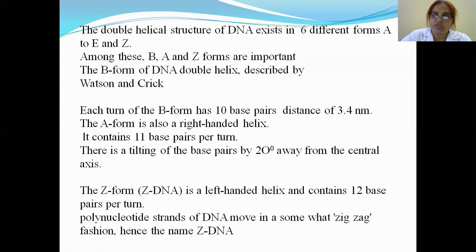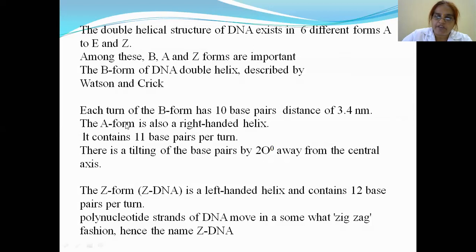The B form is a right-handed double helical structure, proposed by Watson and Crick. In the B form each turn of the helix contains 10 base pairs.